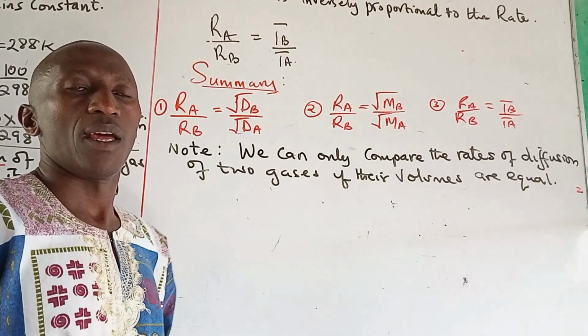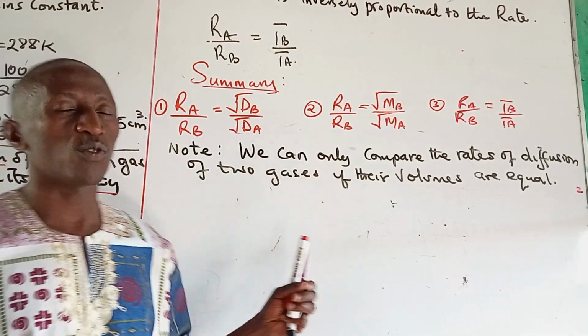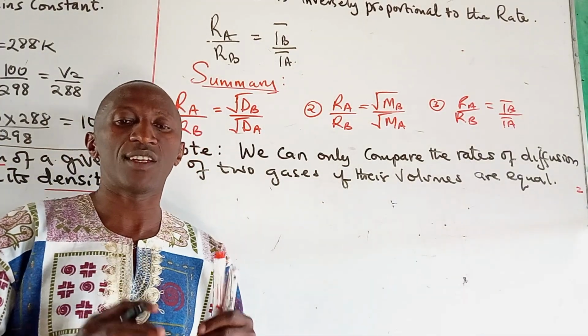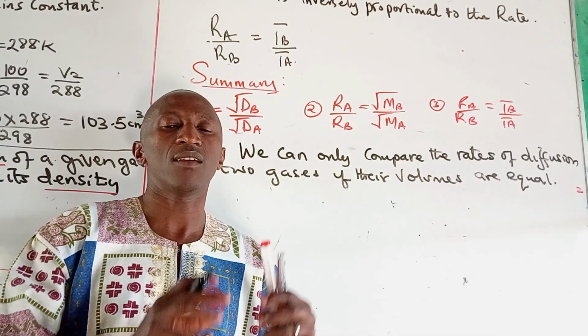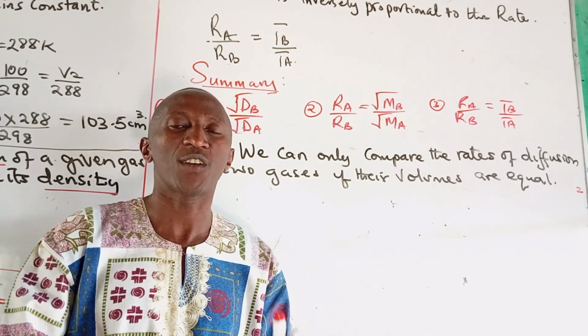Extremely important. And that means that in the calculations that we shall meet, we shall need to have the volumes equated, and then we check on their rate of diffusion.